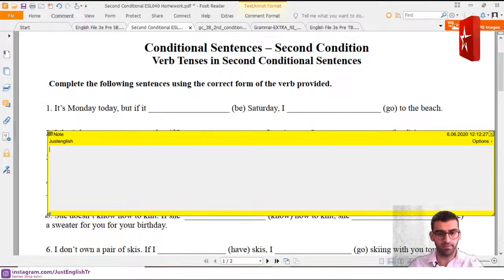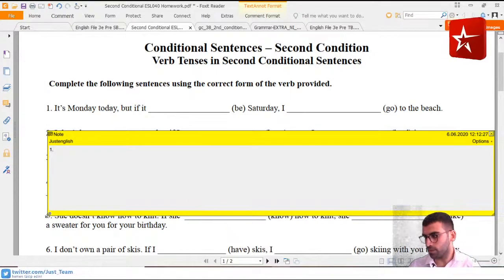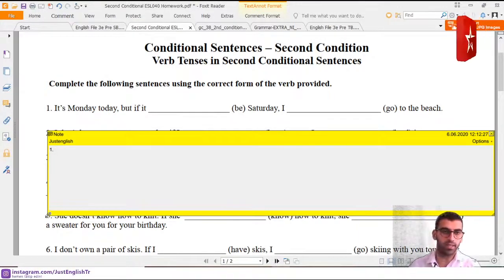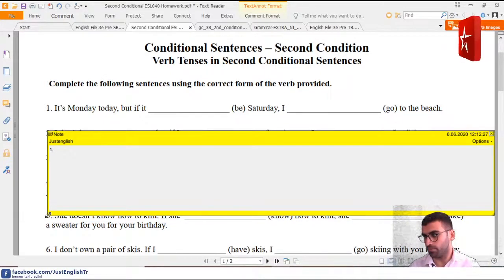Number one, waiting for your answers, waiting for your comments. Okay, I am waiting. If you have any idea, any question, you can let me know. I can help you.